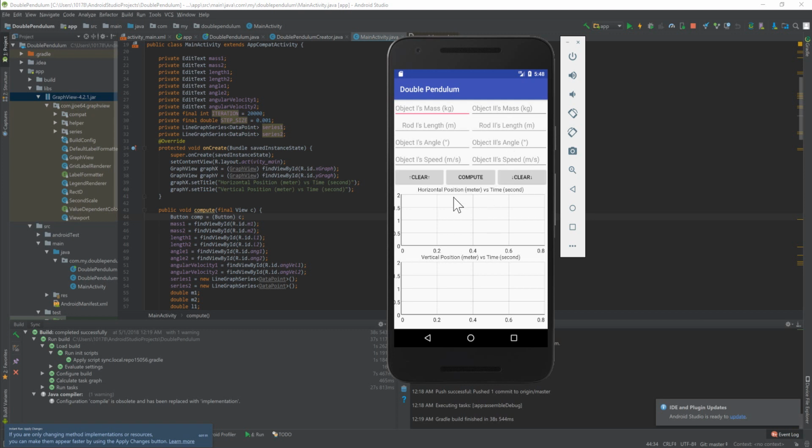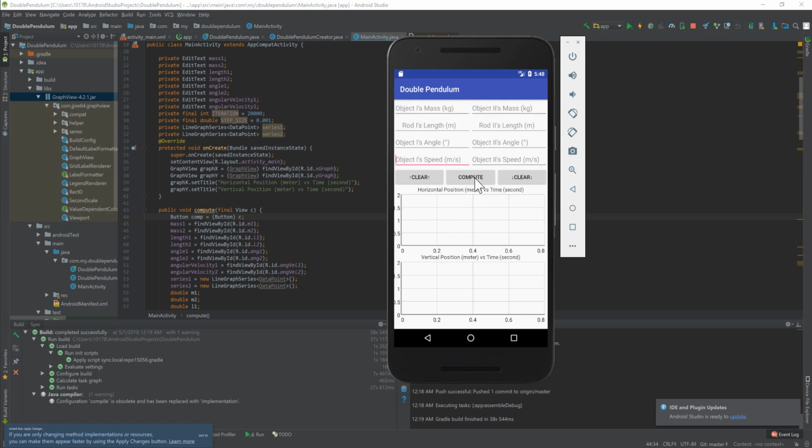What will be displayed here is the horizontal position versus time and the vertical position versus time graph of the second object, the object that is further from the attached point.